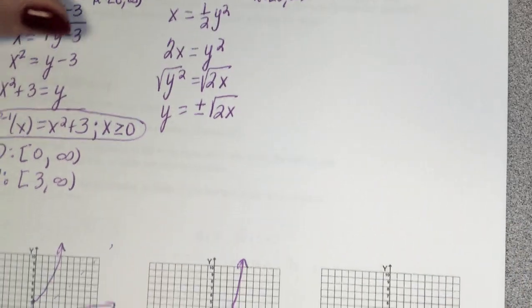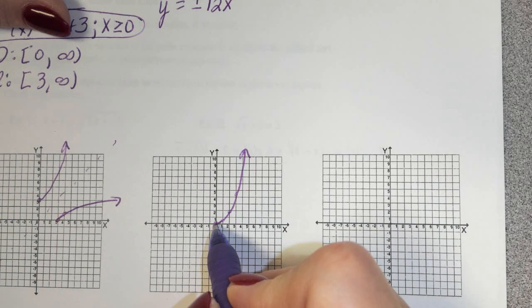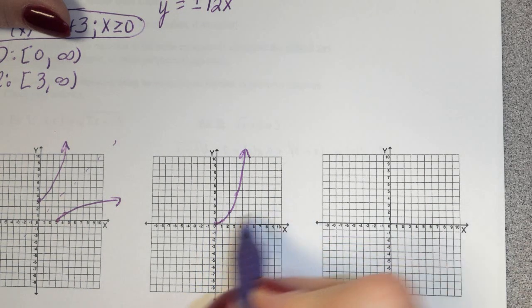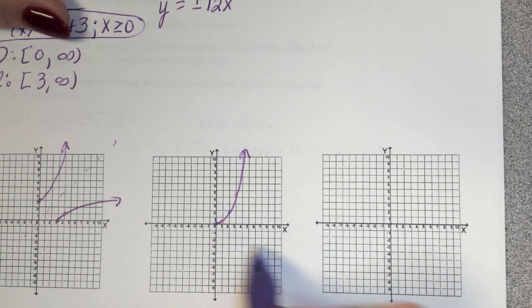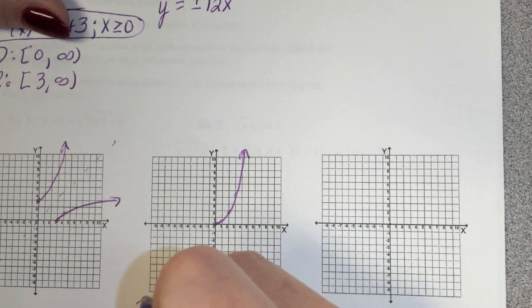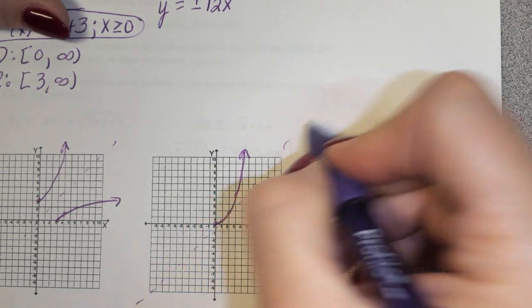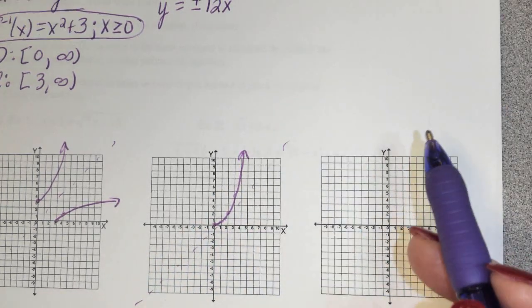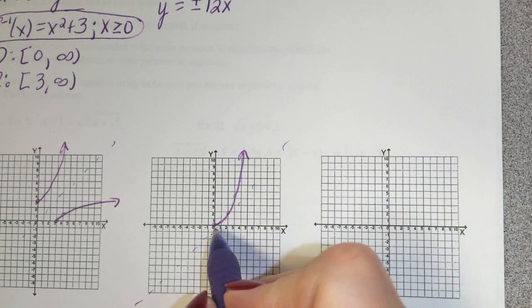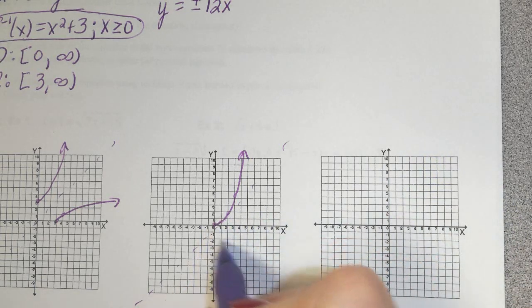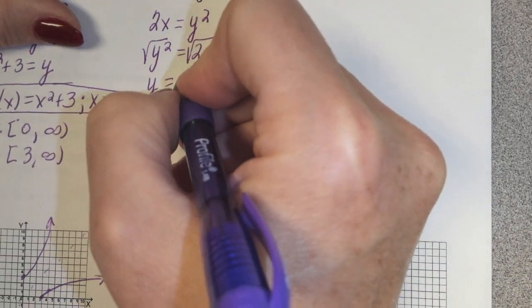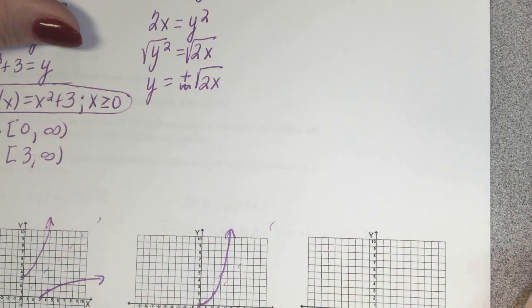But let's look at that. Radical 2x is going to look like this. Negative radical 2x is going to look like this. Keeping in mind that the inverse must be a reflection over that line y equals x. Well, the inverse then is going to look like that. It's not going to look like that. So that tells me then that all I want is the positive of this.